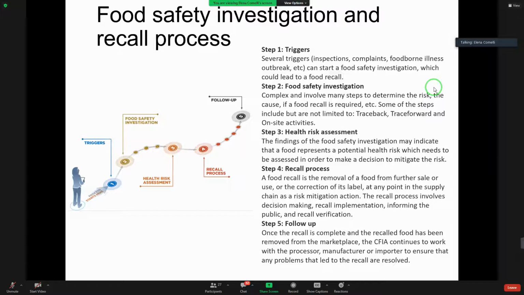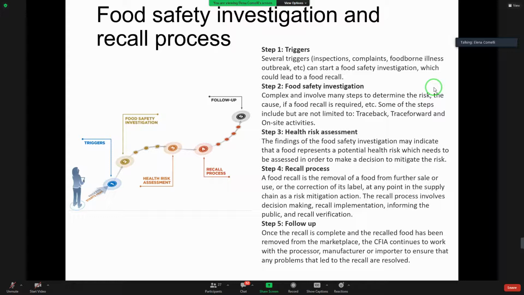Step 4 is the recall process, when it is determined that the food needs to be removed from the grocery stores and people cannot consume it. So there is a food recall, which is the removal of the food from further sale and use. Obviously this implies implementing the recall, informing the public, and then verifying that the recall has happened.